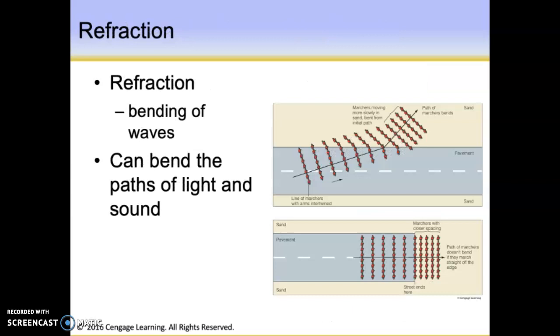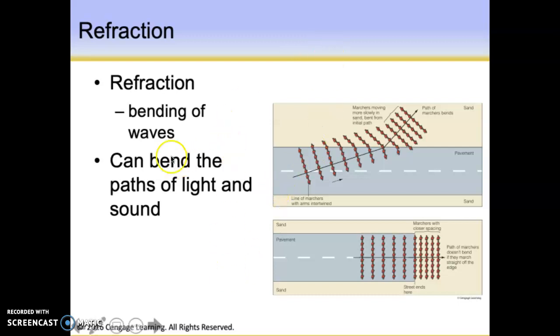And we're going to wrap up this chapter by talking about the behavior of light and sound in seawater. An important aspect to understand is that sound travels as waves, and light behaves as if it were made out of waves. It's a little more complicated than that. If you take a physics class, light behaves as if it were made of particles, which we call photons, but also as if it were made of waves.